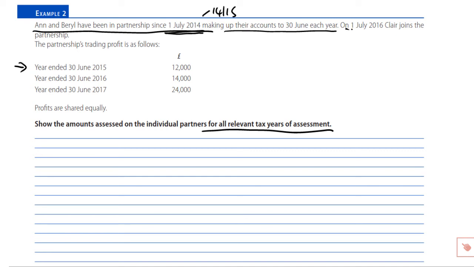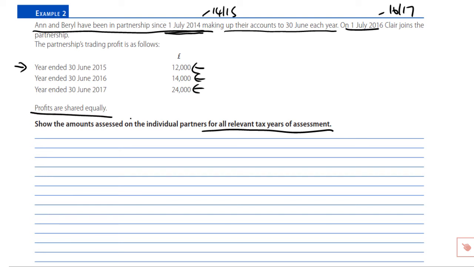Claire comes along on the 1st of July 16, that falls in the 16-17 tax year. For Claire, that will be her first tax year. So remember what we do. We don't try to work assessments for these tax years first. No, we look at each accounting year end and we look at the agreement in force during that period. It's a very, very simple basis.